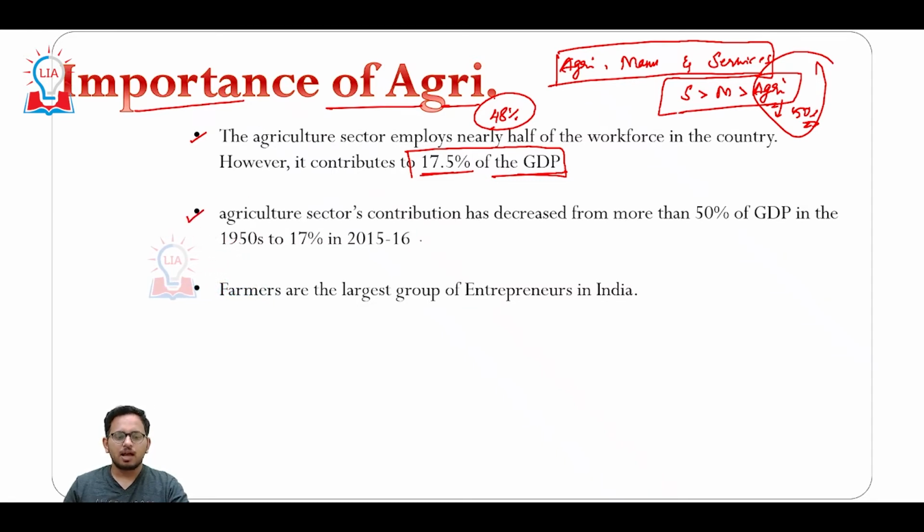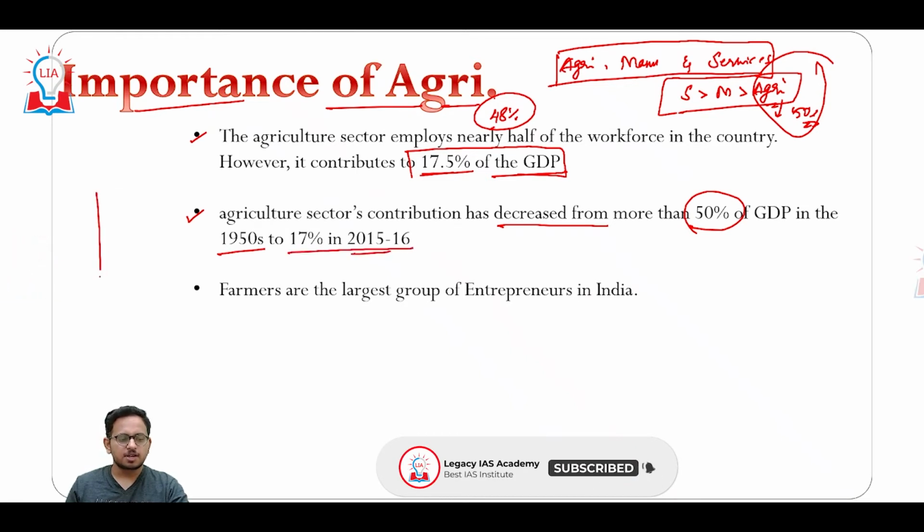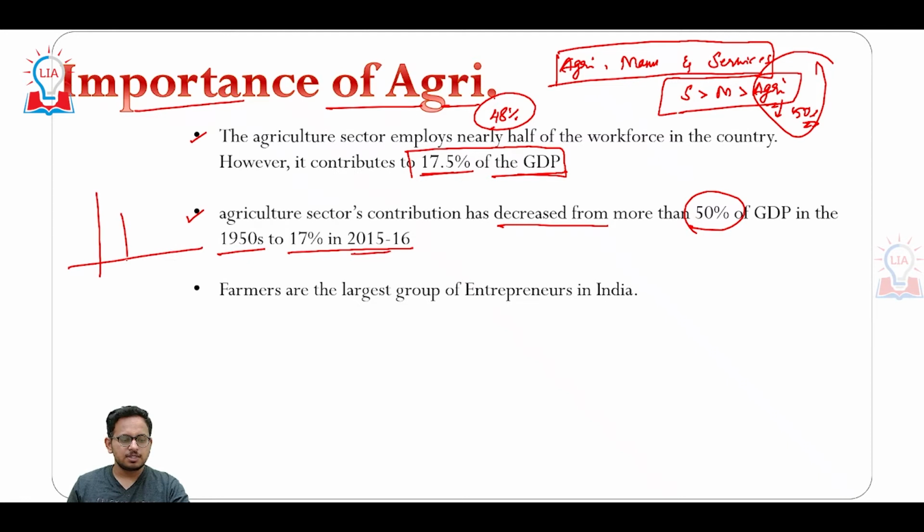Second, the agricultural sector's contribution has decreased from more than 50% of the GDP in the 1950s to 17% in 2015-16. If such data is given, this is how you would represent it when you write it in the examination. Instead of writing it in words, you can show 50% in the 1950s to around 17% in 2015-16.